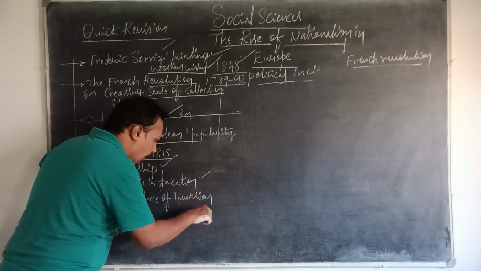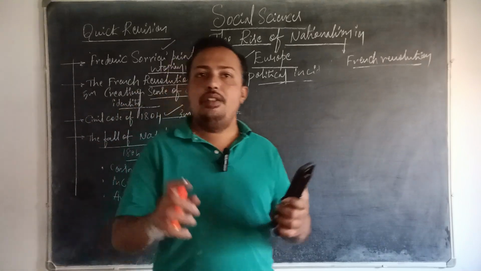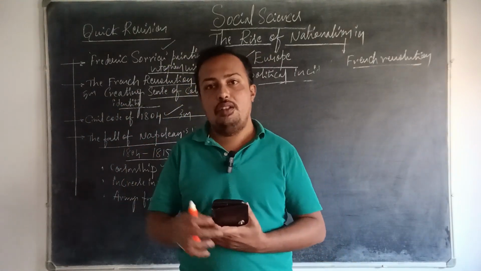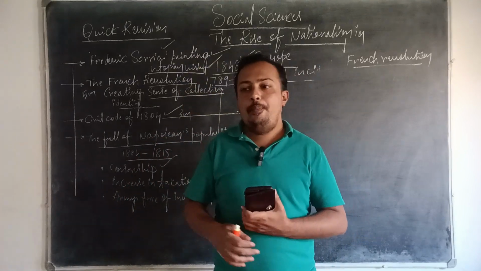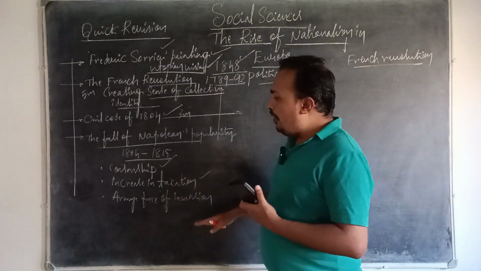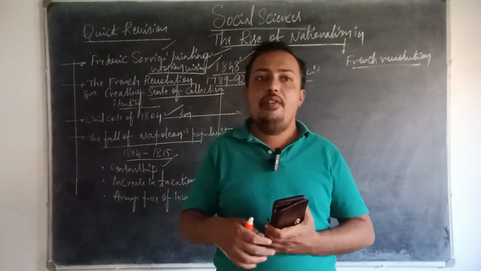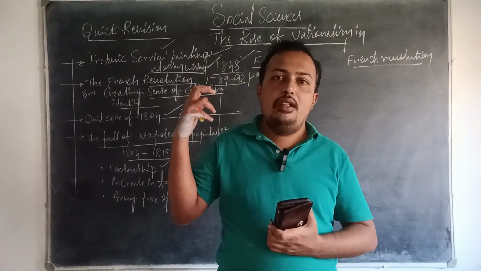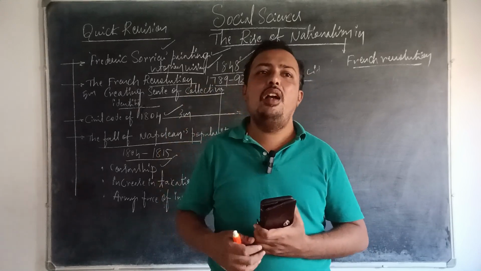So the ambition of Napoleon was to expand his territory further and further across Europe. To fulfill this ambition, the Napoleon army started to invade other provinces across Europe, and they were intentionally dragging the people of other countries into their army.